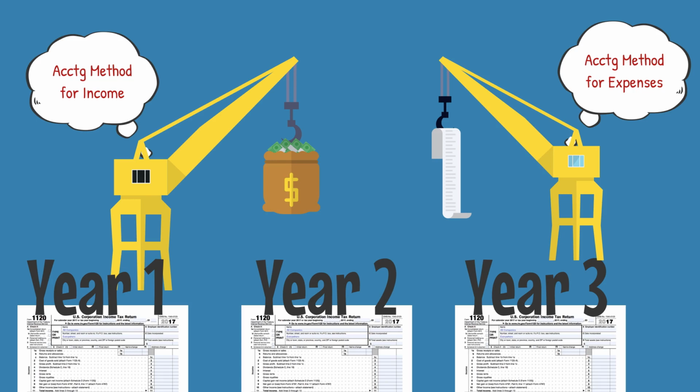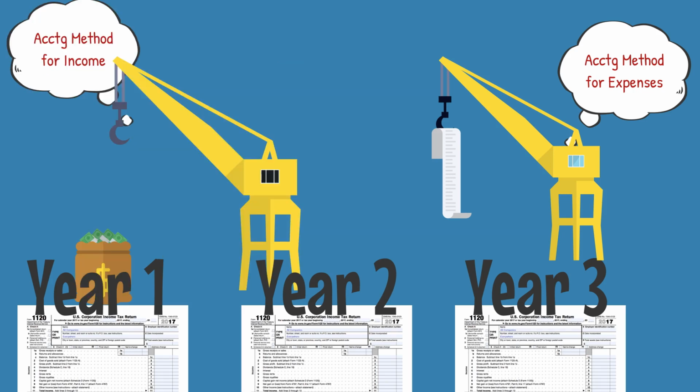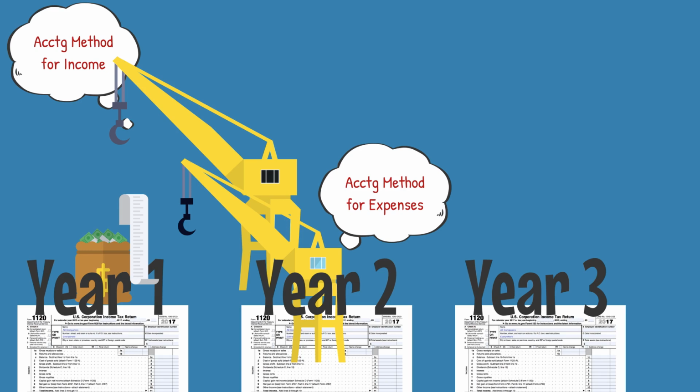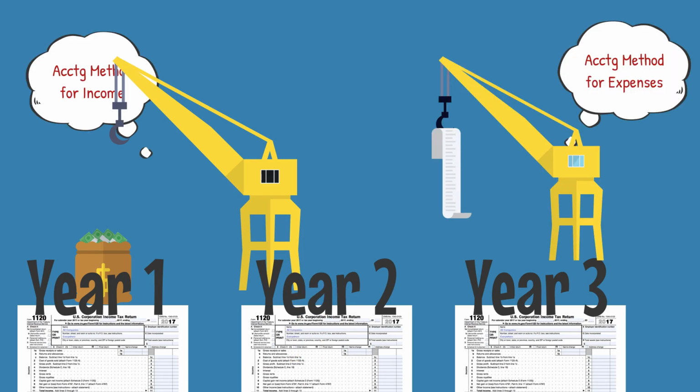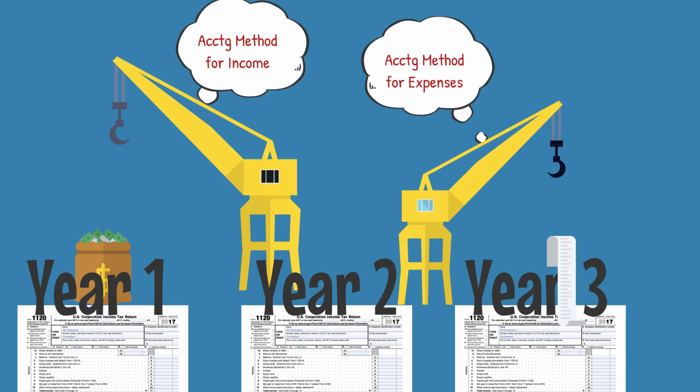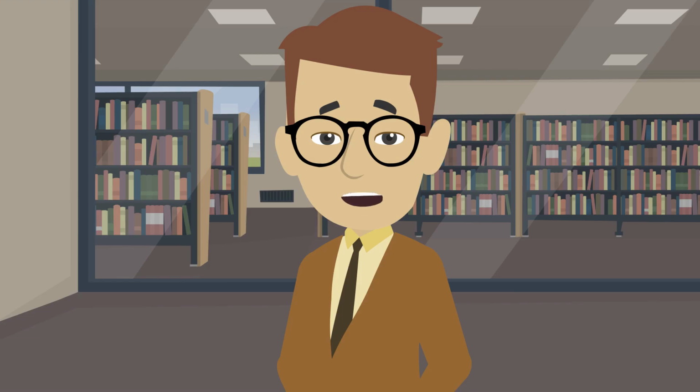Sometimes the entire amount of one or both numbers goes on this year's return. Sometimes your accounting method makes you wait until a later year. Ideally, your accounting method is going to result in putting on this year's return the exact expenses that you spent to earn the income that your accounting method also tells you to put on this year's return.